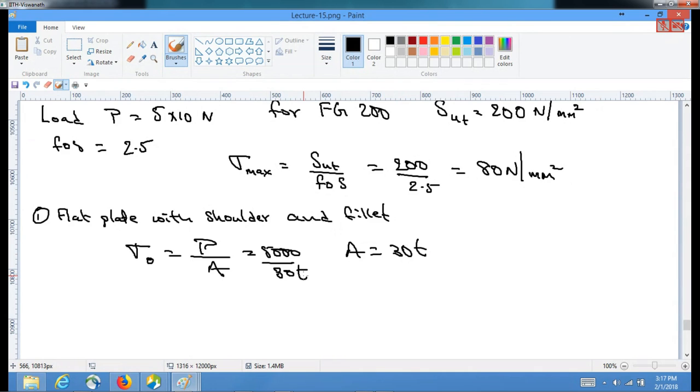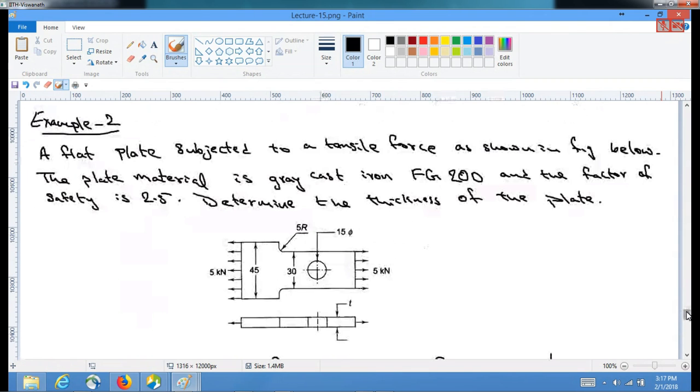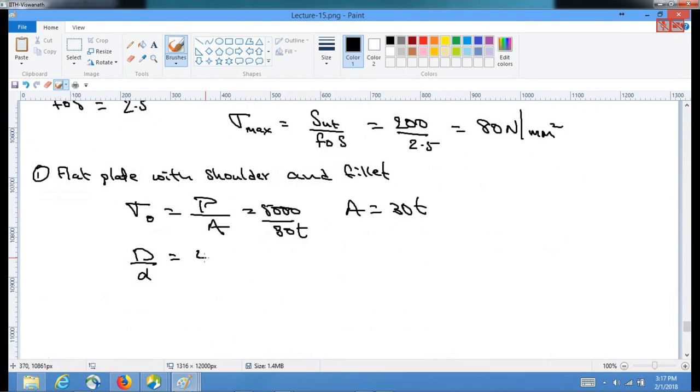In this case, if we calculate D by d, before the fillet, before the shoulder it is 45, after it is 30, 45 by 30, which is 1.5, and fillet radius by d is 5 by 30, which is 0.1667.